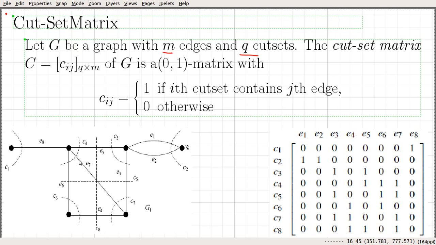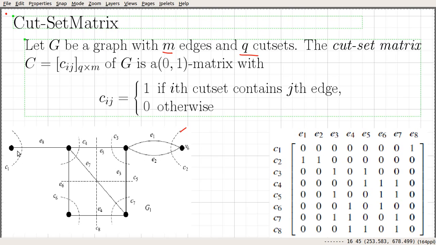For example, if you look at this particular graph, these dotted lines correspond to different cut sets. This corresponds to one cut set. If you delete this cut set C2, here the edges are labeled E1, E2, etc., and the cut sets are labeled C1, C2, C3, C4, etc. If you delete these two edges, the graph will become disconnected.